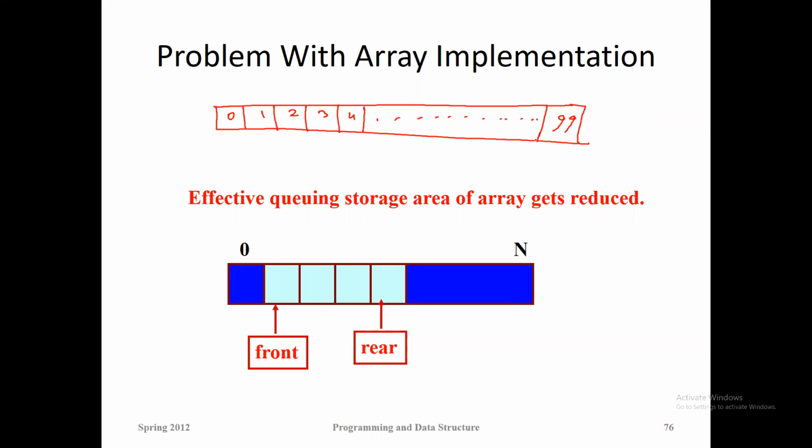This is my front, this is my rear, so that my entire queue is filled up. You cannot insert any more element because you are going through array implementation. The maximum size is already defined. The maximum size is 100 that you have told at the beginning, so you cannot increase its size during the execution.